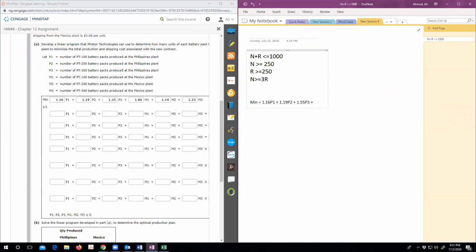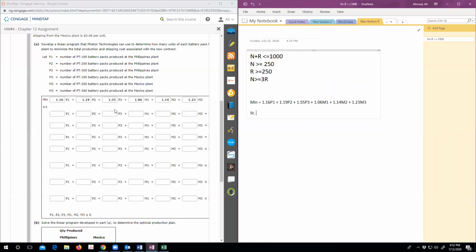I'm just writing it down so later it is easier for me to follow the symbols. All right, 1.23 M3. So this is our function, ST.